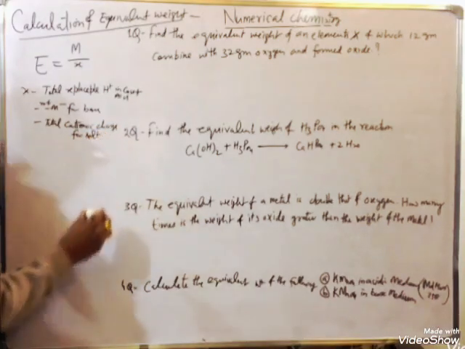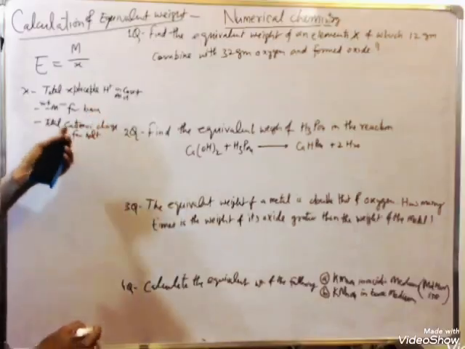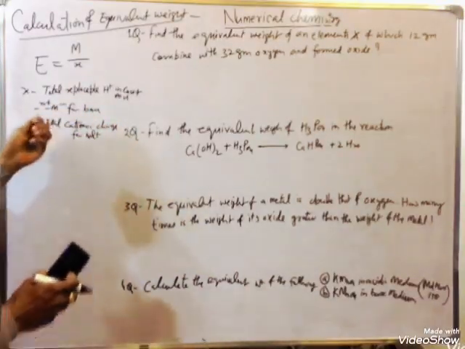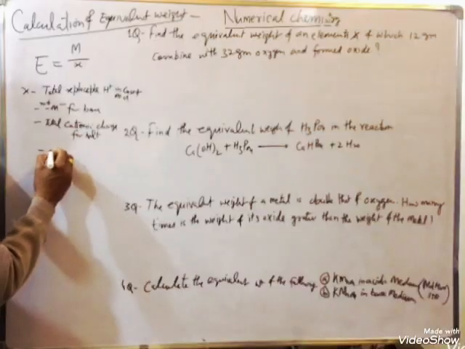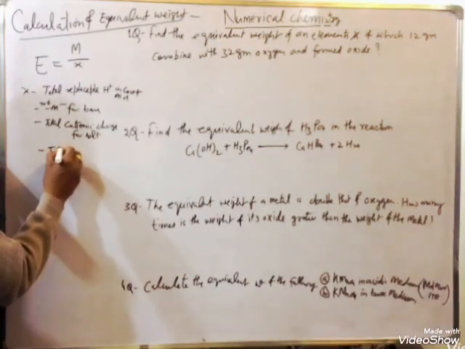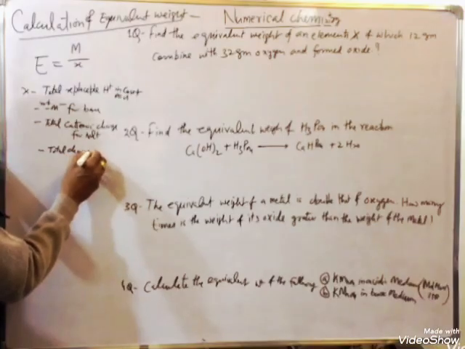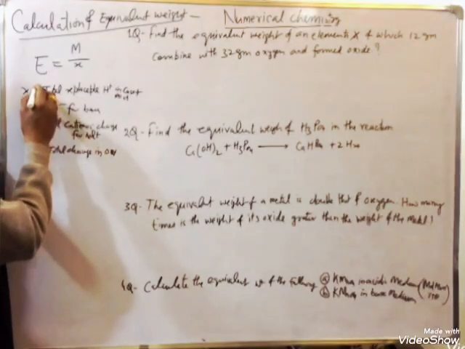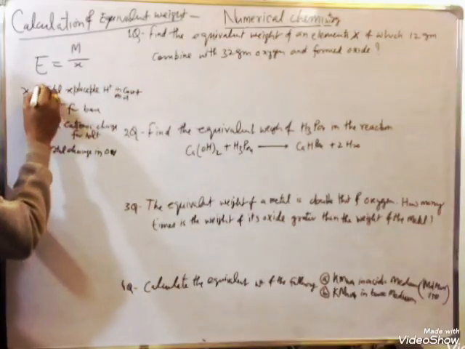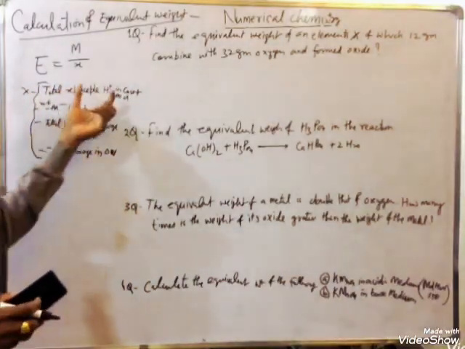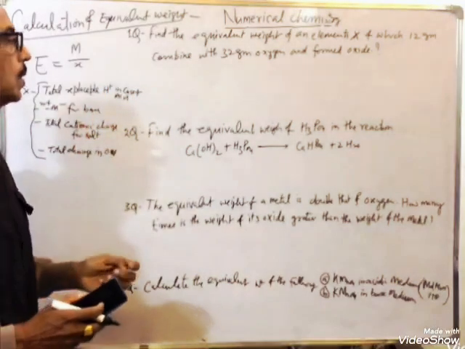I have given a detailed lecture, but here I want to bring it to your notice again. And for a redox compound, x is the total change in oxidation number. So this is the value of x for different types of compounds.